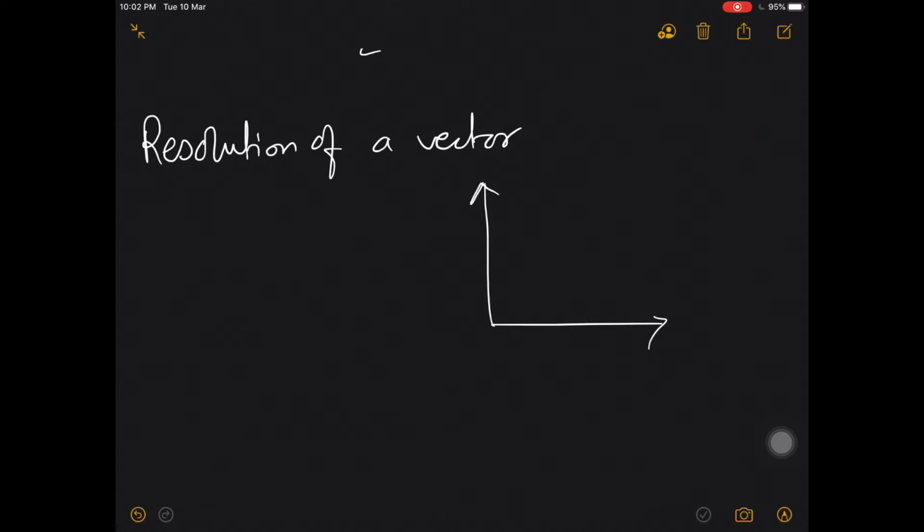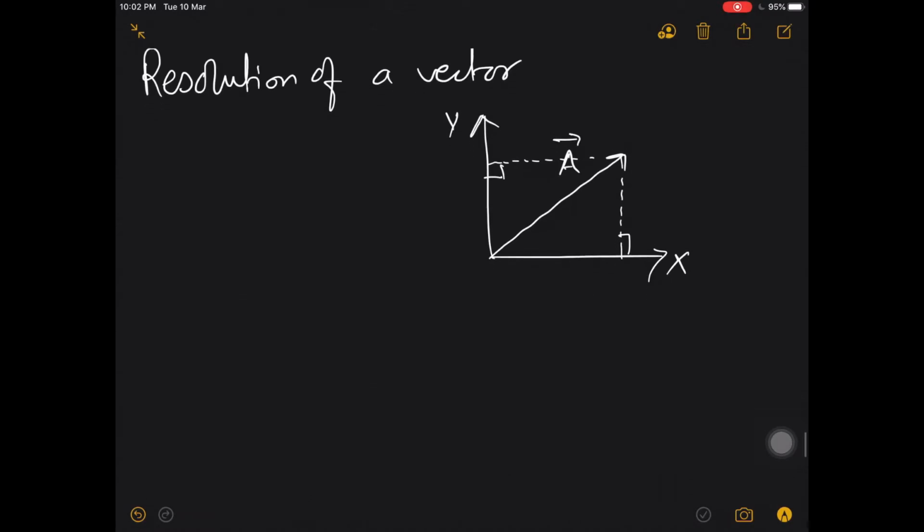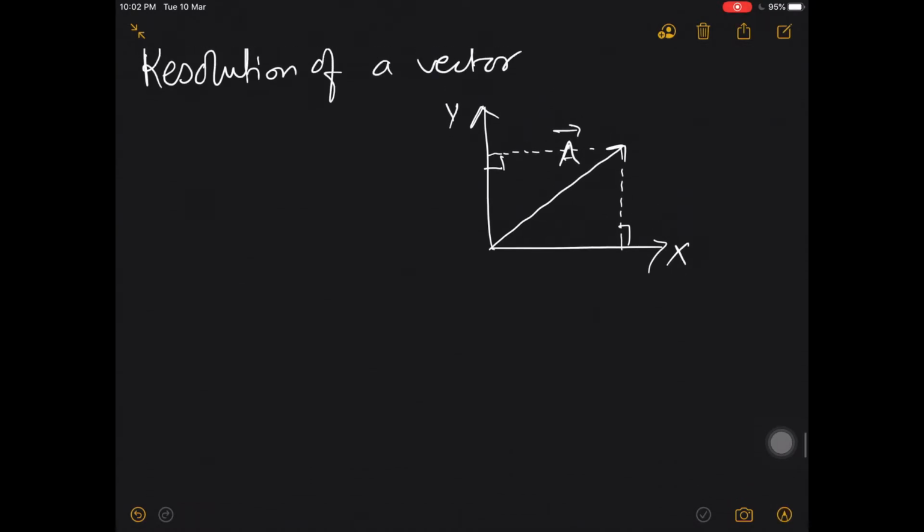Say I have one vector A. Now say I'm dropping perpendiculars along the x-axis as well as along the y-axis. The magnitude of this perpendicular, say OP, along the x-axis can be represented as Ax, and the magnitude of this component along the y-axis, say OQ, I am representing as Ay.